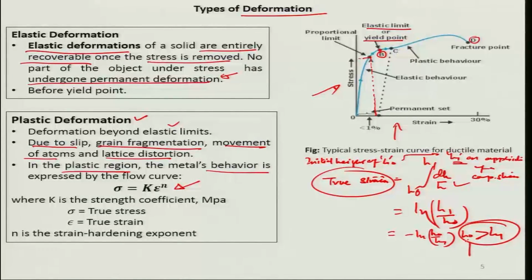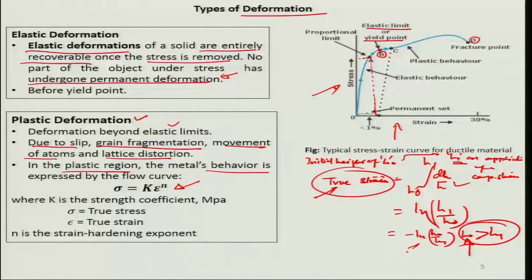Initial height is more in comparison to the final height. In such a situation, the true strain can be defined by this logarithmic ratio between the initial and the final dimension in the same axis as the axis of the stress.